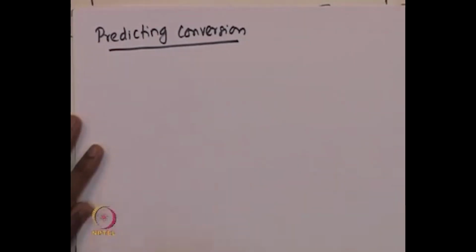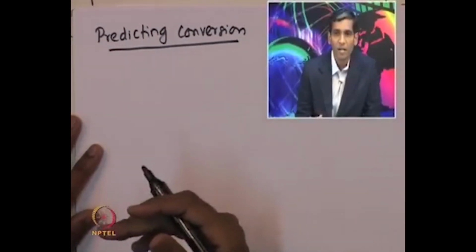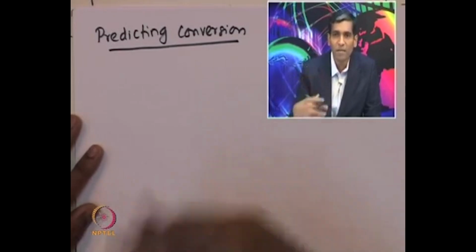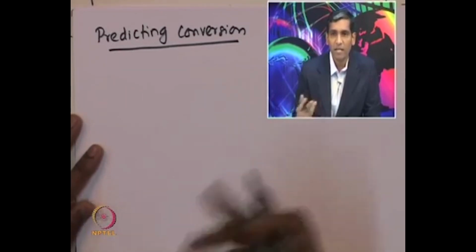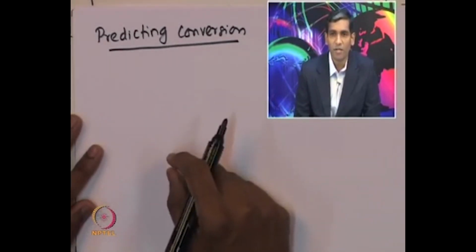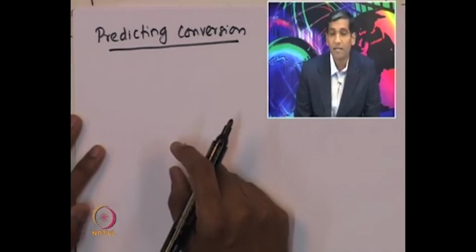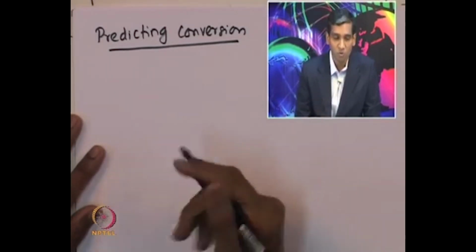So, let us look at how to predict conversion if we know the residence time distribution function. There may be two reactor systems which have the same RTD functions, but will it be possible to estimate the conversion in these two reactors even if the RTD functions are the same? And the answer is yes, it is possible, and there are methods to do this.